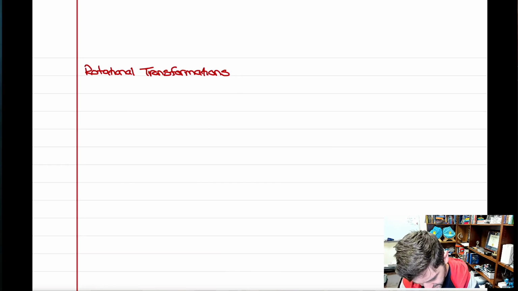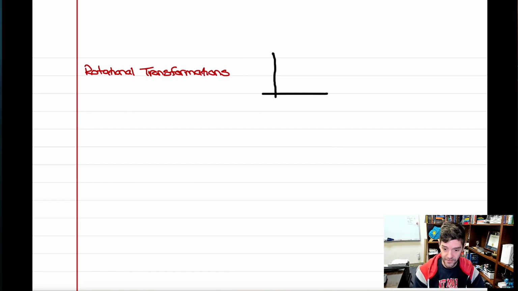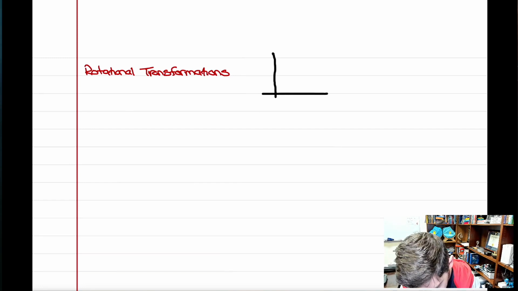We're going to stick with the same origin, but I'm going to rotate the direction of the axes. So perhaps this is one of my axes, which has an x direction, a y direction, and an origin. And there's some point that I want to investigate. Maybe I'll put it here.